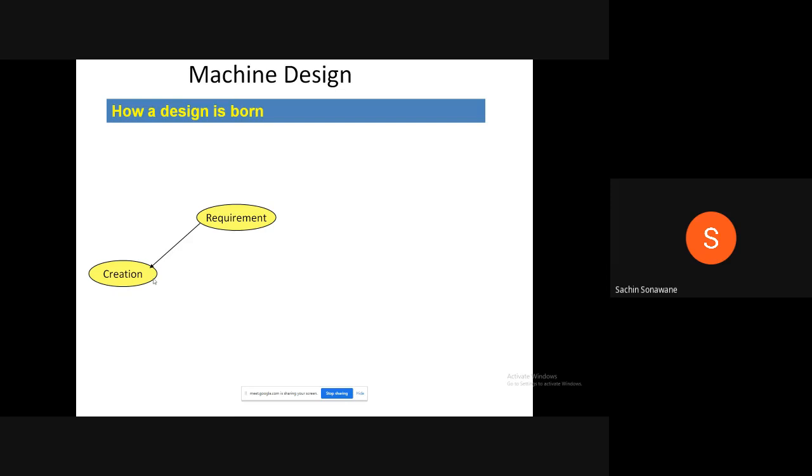Same is the example of Nokia company. Earlier only the Nokia brand was there in mobile phones. They have not understood the requirement of the customer and they have not changed according to the market. At that time, Samsung came.